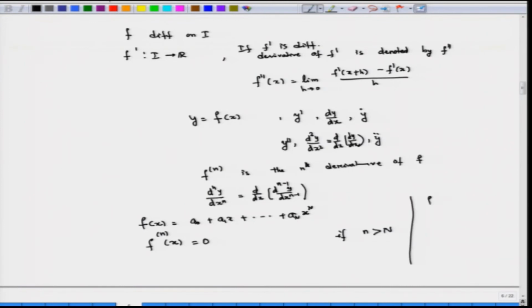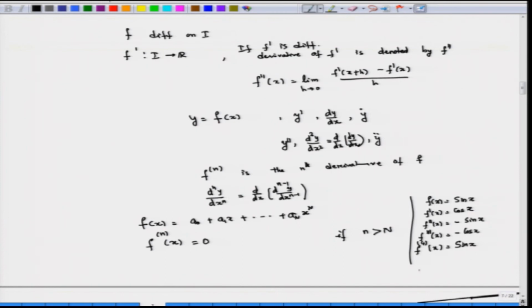Similarly, suppose f of x is equal to sin x. Then f prime of x is cos x, f double prime of x is minus sin x, f triple prime of x is minus cos x, and the fourth derivative is sin x. The fifth would be cos x, and so on.